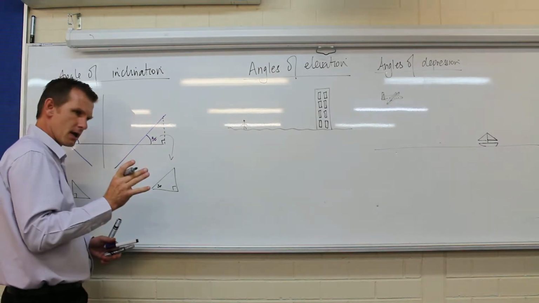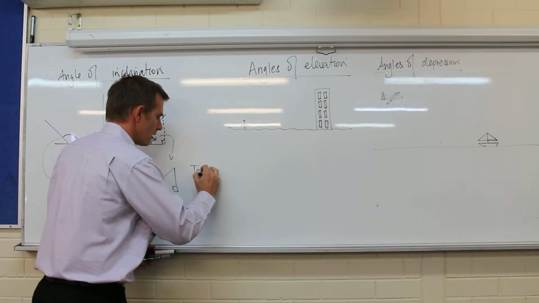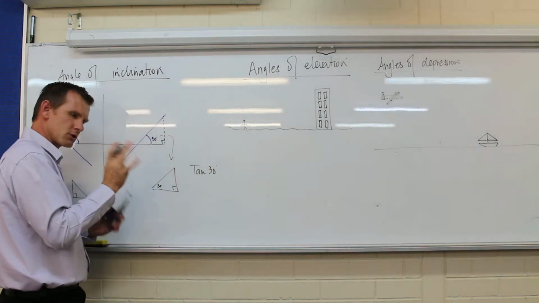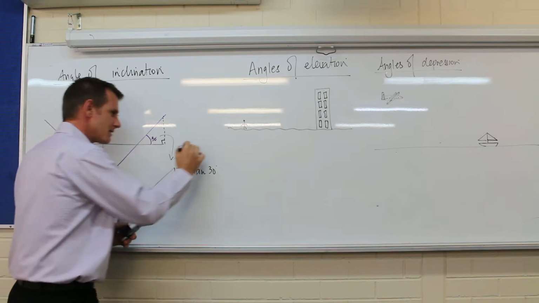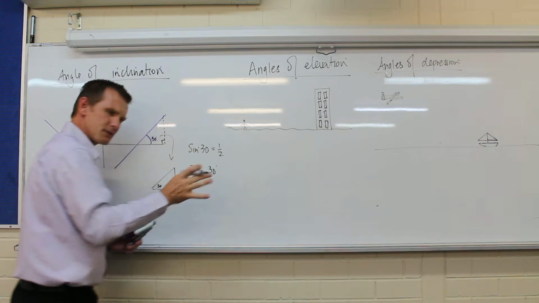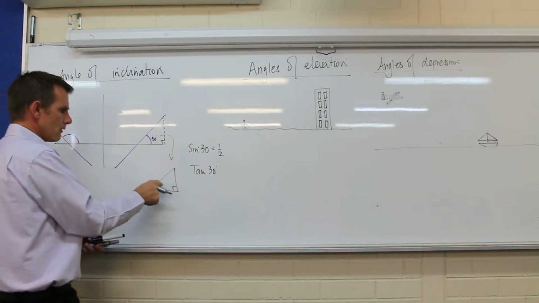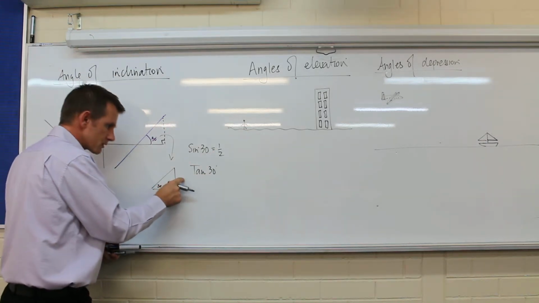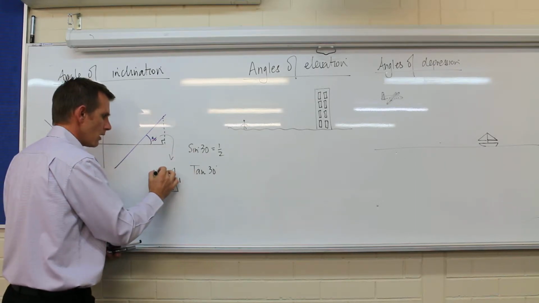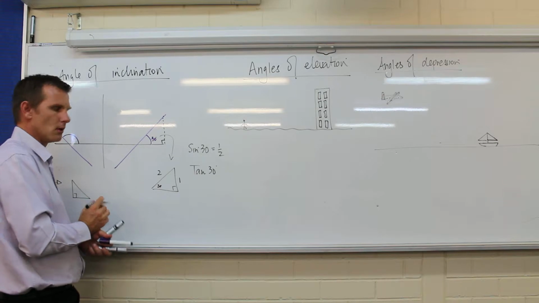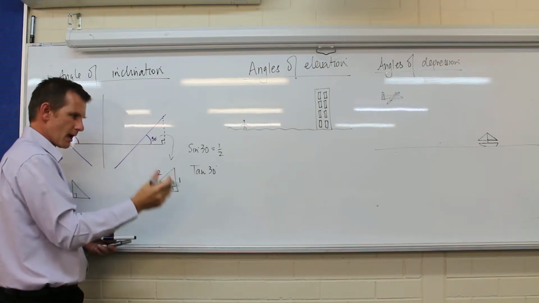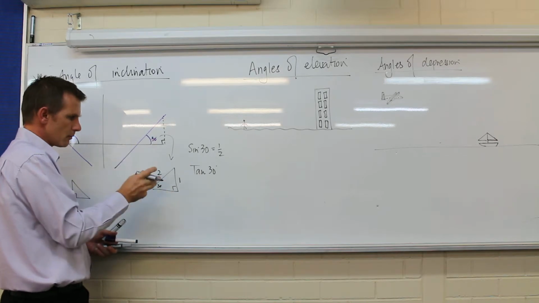Now I'm going to use the tan one. Sine of 30 degrees is normally an easy one to remember. So start there. If you can put to memory sine of 30 degrees equals a half, that's often going to help you out. From here, opposite over hypotenuse, that's what sine is. So I'd go 1 and 2. Now we'd do a bit of Pythagoras.